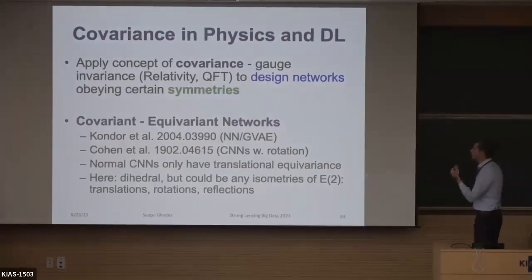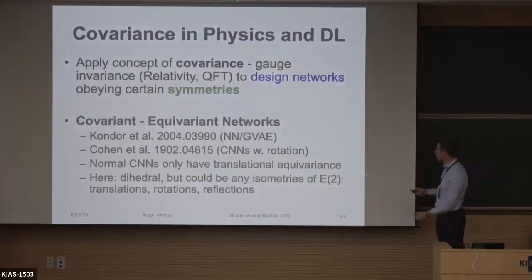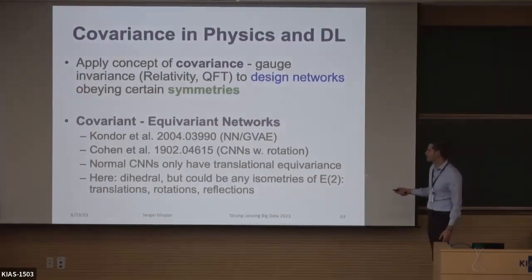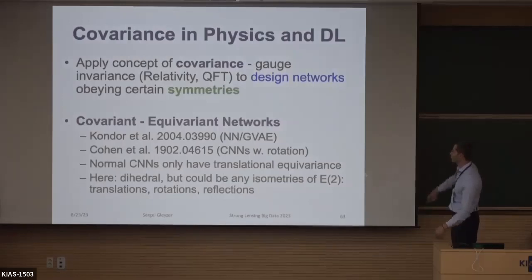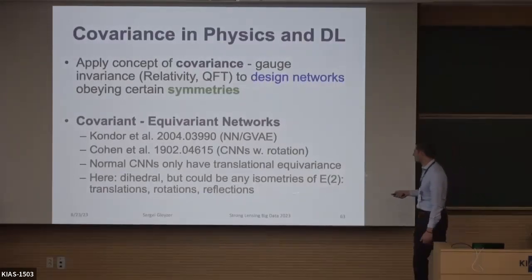So the point is that they already introduce some kind of invariance, but this idea of covariant equivariant networks is actually a very active area in machine learning. Okay, there are some key papers by Risi Kondor and others that show you how to do this. And the idea is that for the case I showed you, there is a dihedral symmetry that I want to use as an example, but in fact it can be any symmetry.